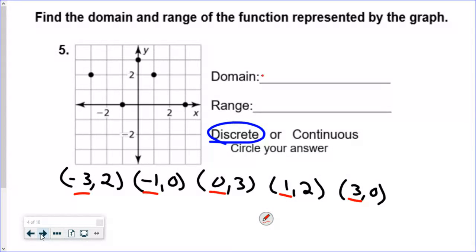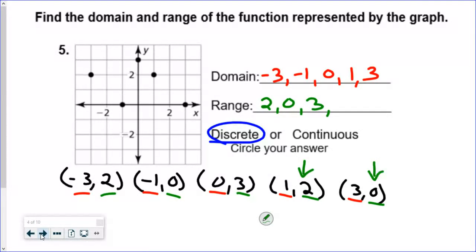So my domain is -3, -1, 0, 1, and 3. My y's are my range. So it's 2, 0, 3. This 2 was already stated, so I don't need it. And this 0 is already stated, so we only have 3 numbers for the range.